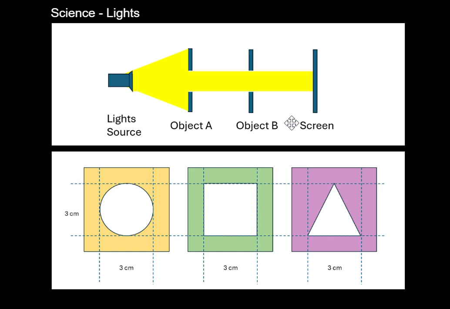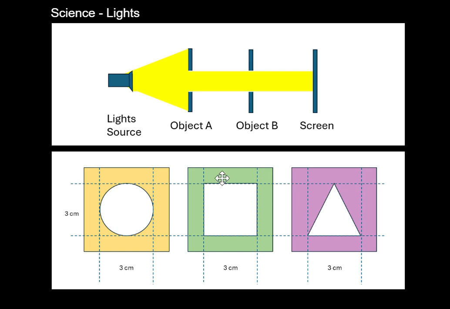Typically there are three types of object: usually a circle, a square, and a triangle. And the dimensions given are usually the same. So for example, a circle is 3 centimeter diameter, a square is 3 centimeter by 3 centimeter, and a triangle is 3 centimeter for the base and 3 centimeter for the height.